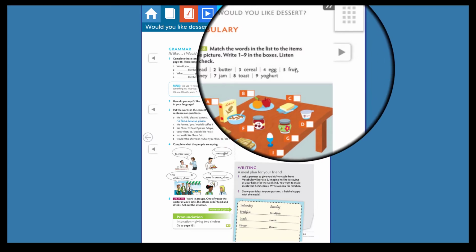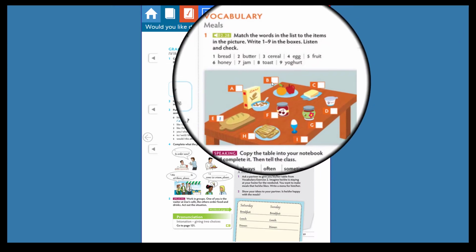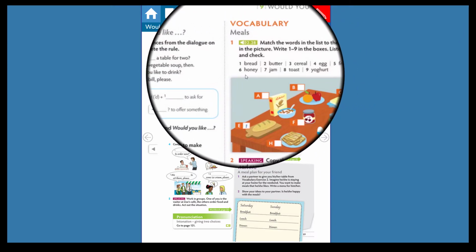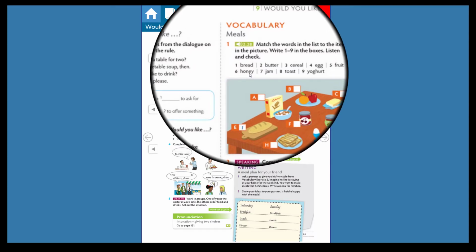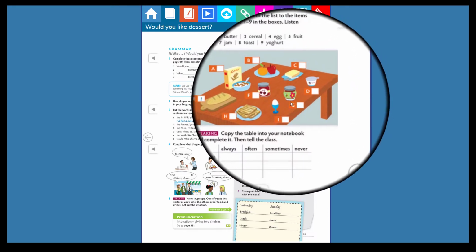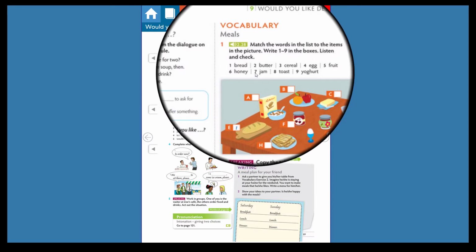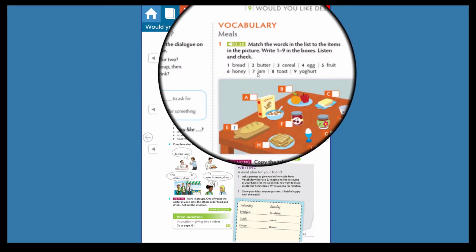Number 5, fruit. What do you think? Letter B, very good. Fruta. Number 6, honey. What do you think? Letter G, very good. In Spanish, miel. Number 7, jam. What do you think?